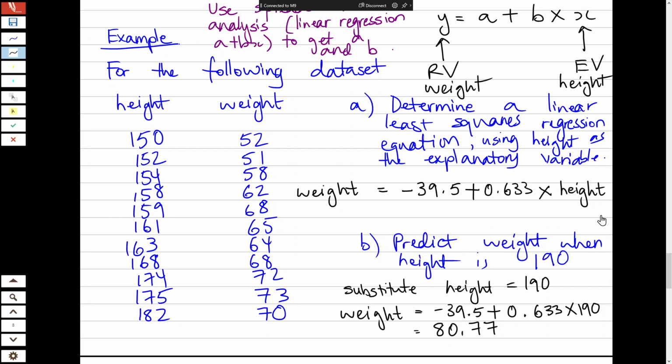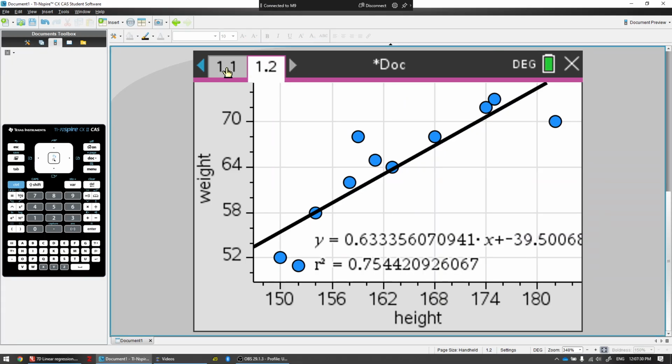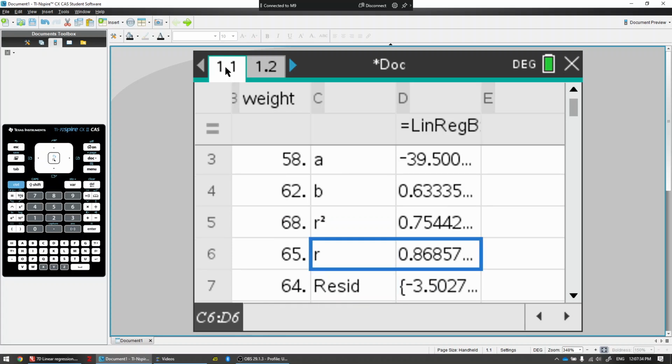Just quickly looking at the book, we've actually done everything that we need. The only other thing is sometimes they ask for the correlation coefficient, and there's no need to do any additional work because the correlation coefficient is R. The CAS already gives you that. Please note it's not R squared. R squared is something different. You'll learn about that next year.